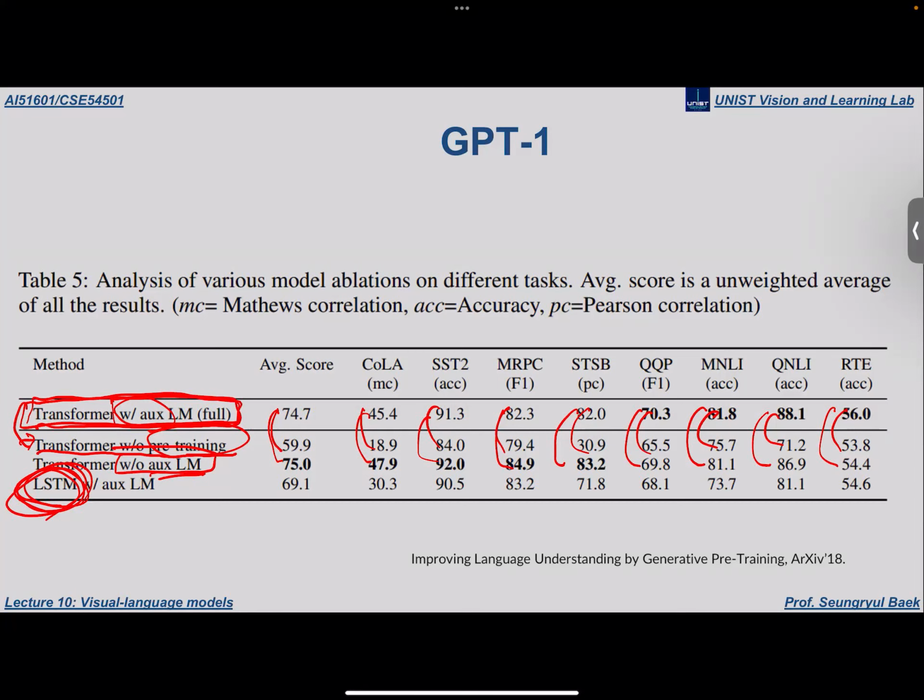They compare these two and show that the transformer is better for processing text. So the lesson we can learn here is that we have to use a transformer for processing sequential data like text. And the second thing is that pre-training is quite important to secure good performance. These are the two things.